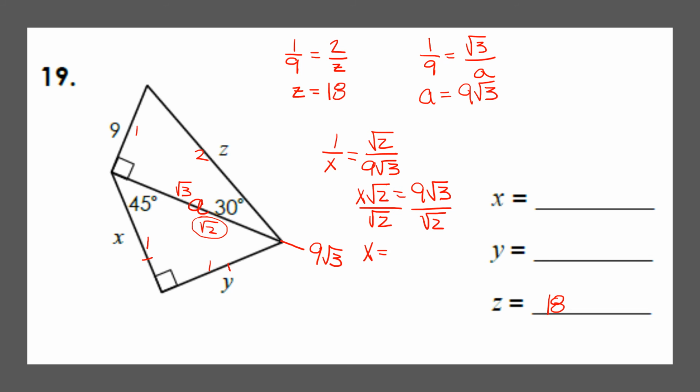So I get that x is 9 radical 3 divided by radical 2. I can't leave the radical in the denominator, so I'm going to multiply top and bottom by radical 2. So I get that x is 9, I multiply underneath the radicals, 6 divided by 2. 9 does not divide evenly by 2, so my final answer is x and y are both 9 radical 6 divided by 2.